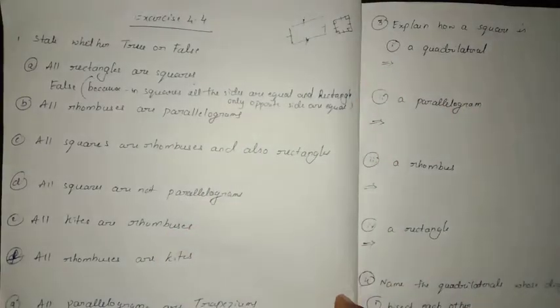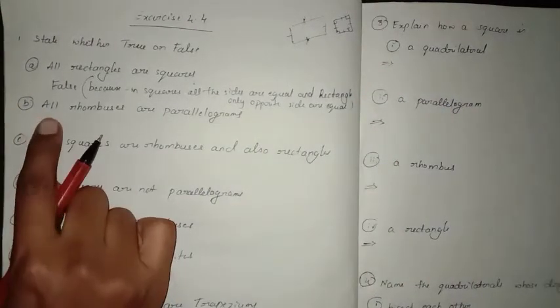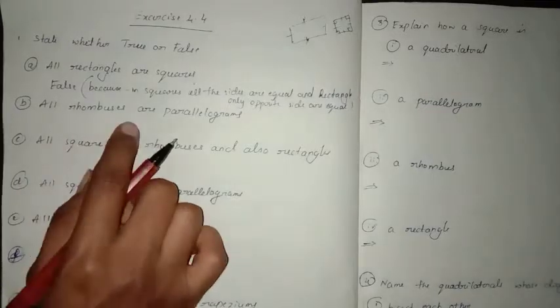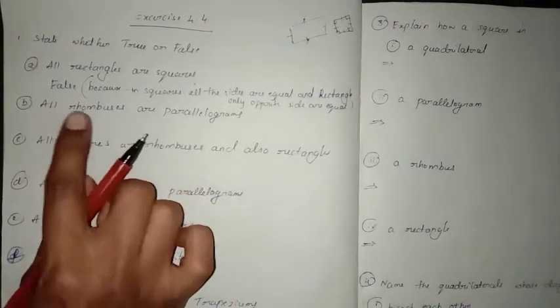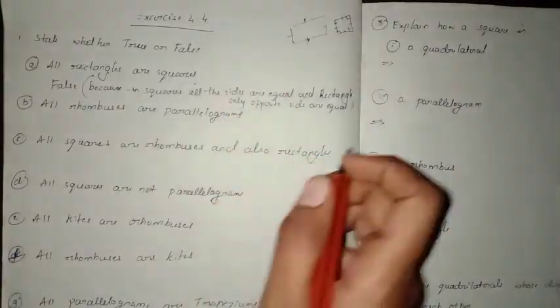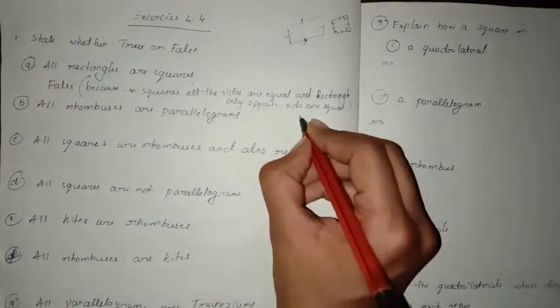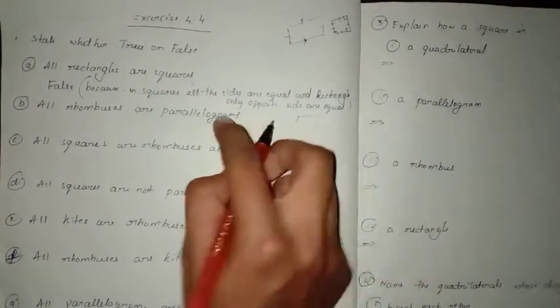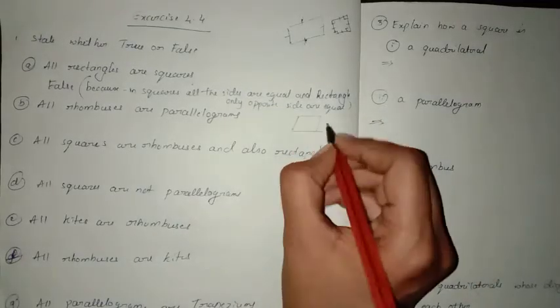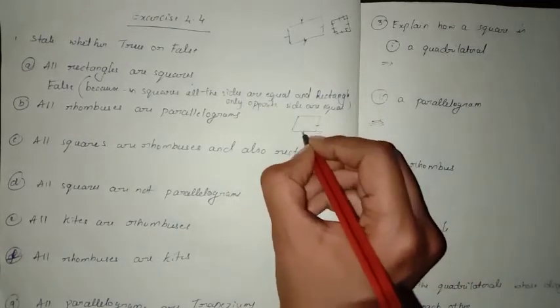Even you can mention that. Now the second one, whether it is true or false: all rhombuses are parallelograms. As I explained at the start, a rhombus is a type of parallelogram in which the adjacent sides are equal.